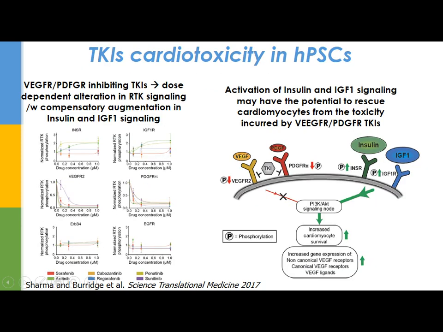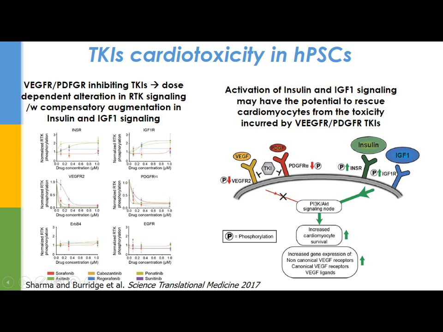And when they looked into pathway signals, the VEGF and PDGF receptor inhibiting tyrosine kinase inhibitors cause dose-dependent alteration in tyrosine kinase signaling. And you can note here the downregulation of VEGF and PDGF signaling, but no effect on ERBB4 or EGFR, but a compensatory augmentation in insulin and IGF signaling.